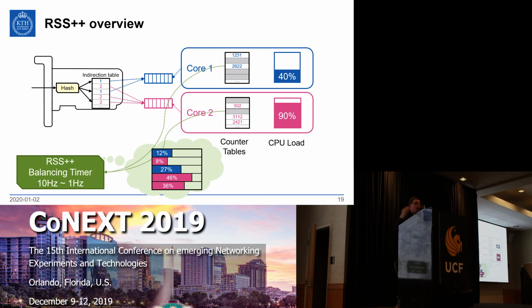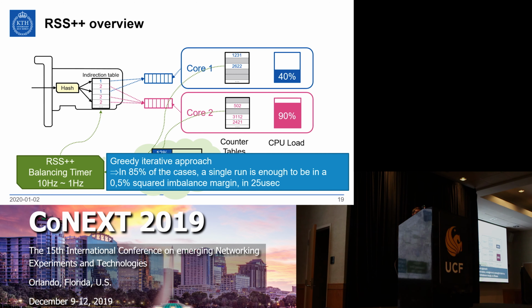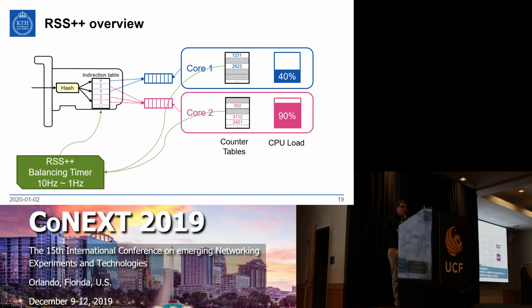Flows come and go, etc. So even if you took a lot of time to compute the perfect solution of your optimization problem, it wouldn't be the real perfect solution at the next step. So in practice, we use a greedy iterative approach, which basically tries to find the right balance between moving not enough or too many buckets. And in 85% of cases, this iterative algorithm finishes in one run in 25 microseconds with a very good balance, so we're fine in terms of performance.